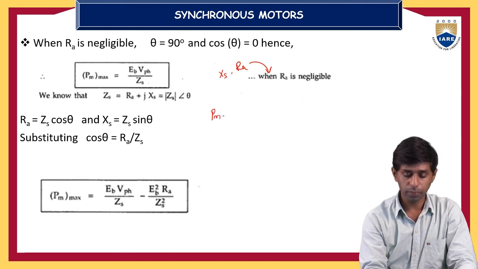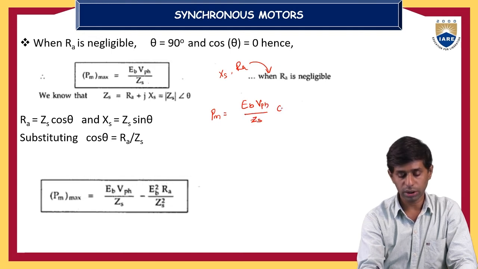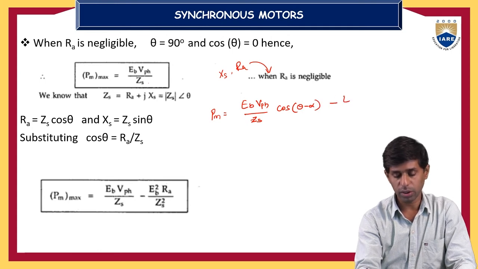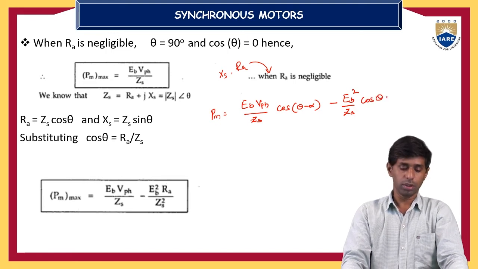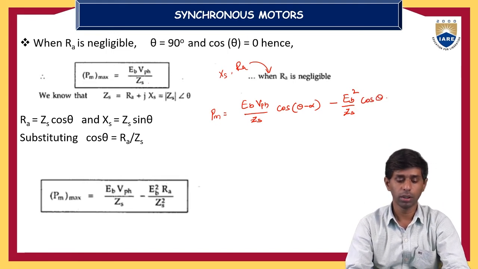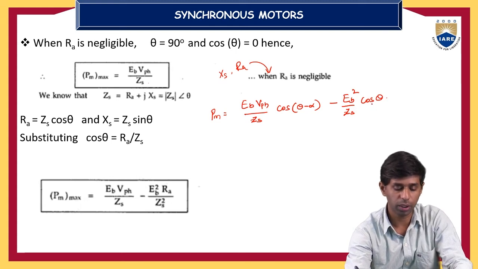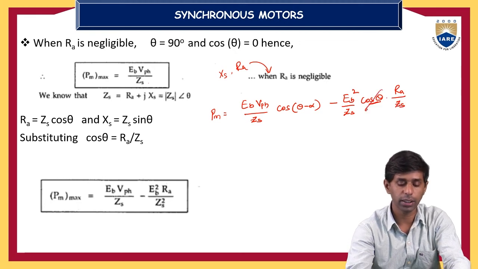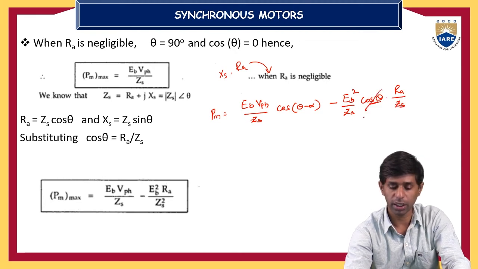PM is equal to EB V phase by ZS into cos theta minus alpha, minus EB square by ZS into cos theta. This cos theta is now replaced by RA by ZS, so we have EB square RA by ZS square.